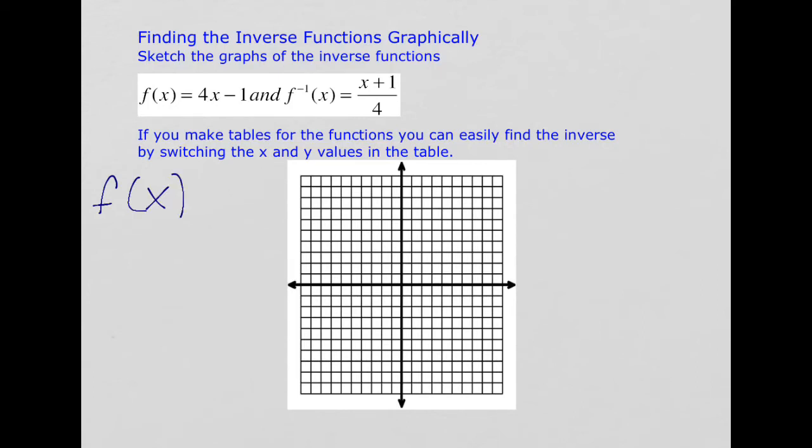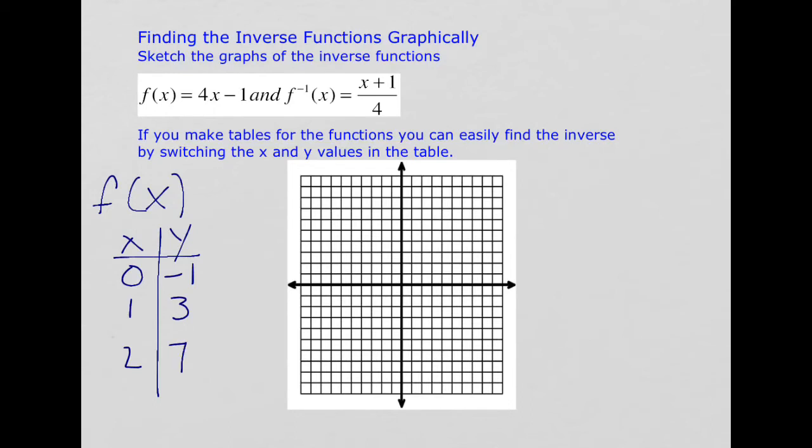When we graph f of x using a table, x and y, if I pick values for x, 0, 1, and 2, we get the values for y to be negative 1. 1 times 4 is 4 minus 1 is 3. 2 times 4 minus 1 is 7.